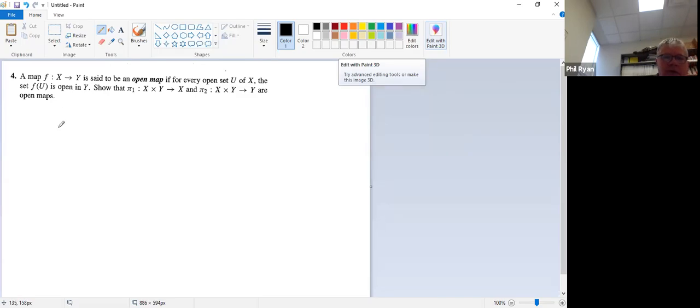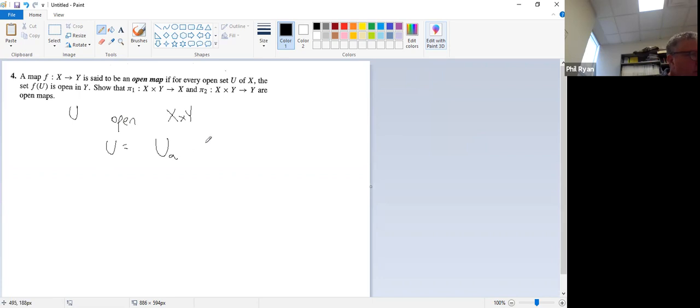Okay. So obviously, whatever argument works for pi1 is going to work for pi2. So let's just show it for pi1. So if U is open in X cross Y, then U is some kind of union of sets of the form U alpha cross V alpha, where the U's are open in X and the V's are open in Y. So if we look at the image of U, that's pi1.